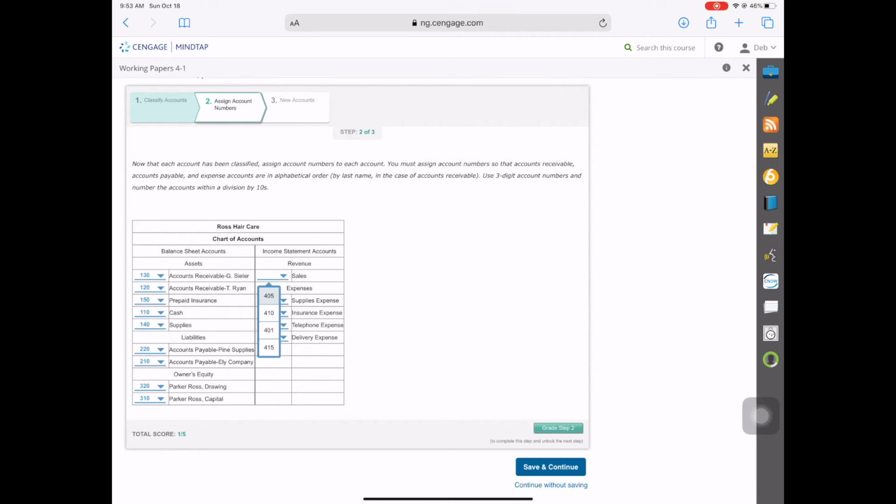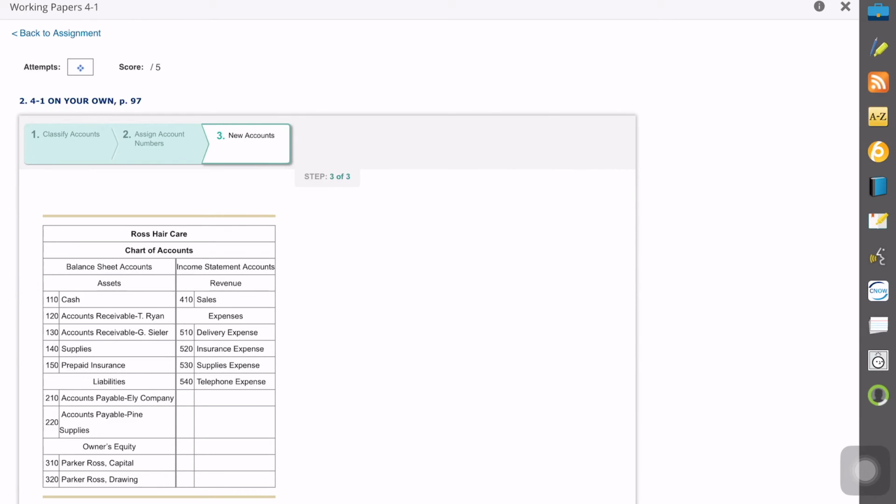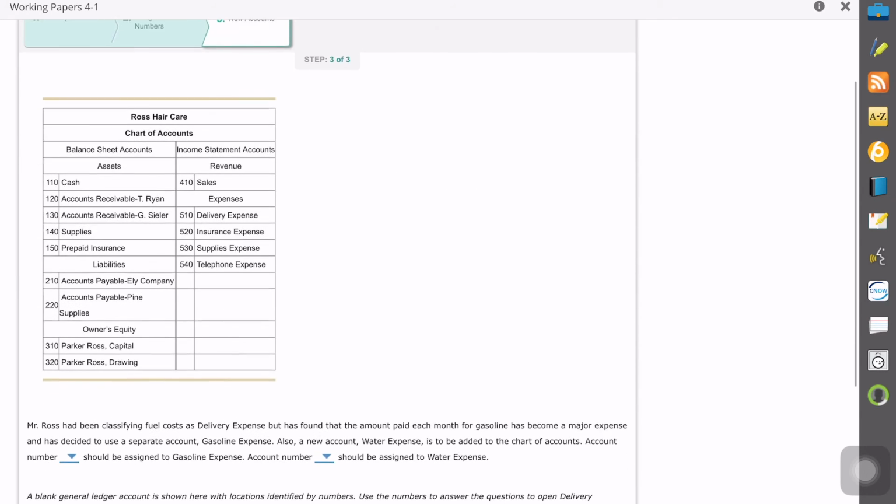Revenue, the first account would be 410. Our expenses alphabetically would be delivery expense, insurance, supplies, and then telephone.